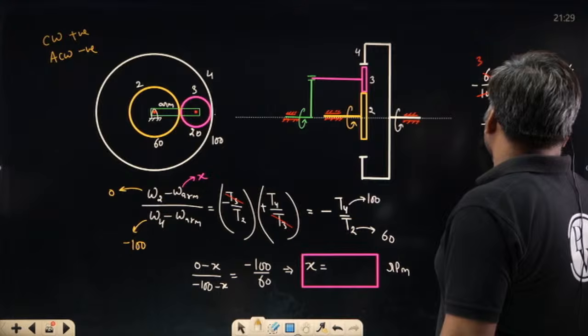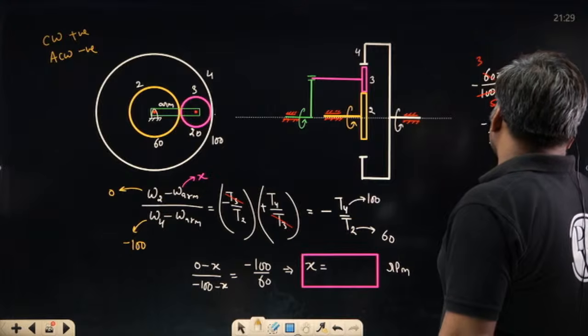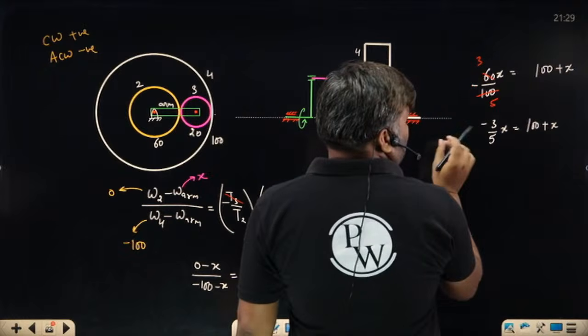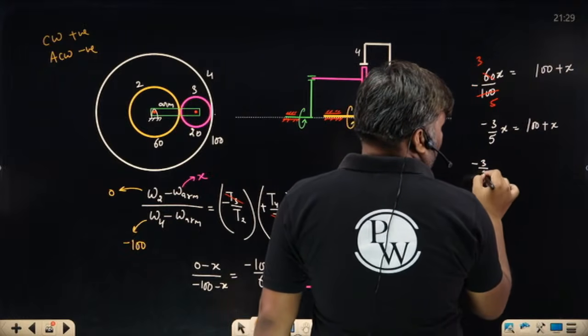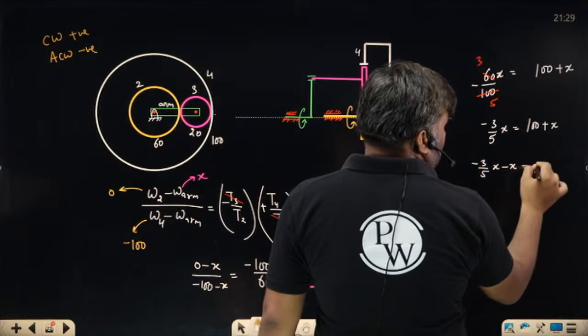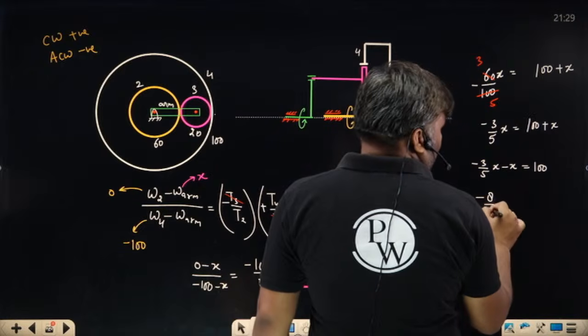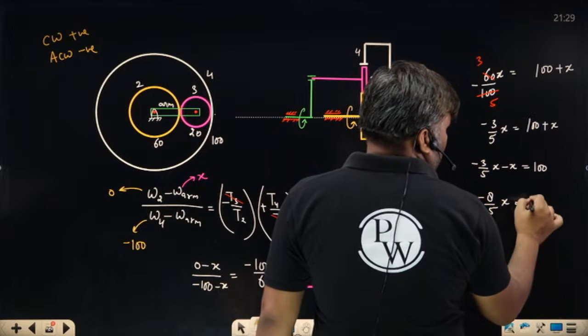Minus 3 by 5 x is equal to 100 plus x. Take this x this side, negative. So minus 3 by 5 x minus x is equal to 100. How much will it be? This is minus 8 by 5 x is equal to 100.